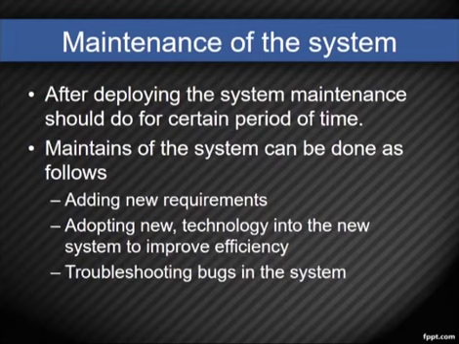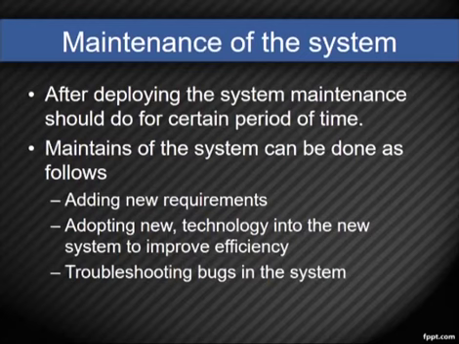Then after the coding, we have to test whether there are any errors or not. If there are errors, we have to correct and debug those things. Then we can install the system. Then we have the maintenance part. After the installing part, we can maintain.